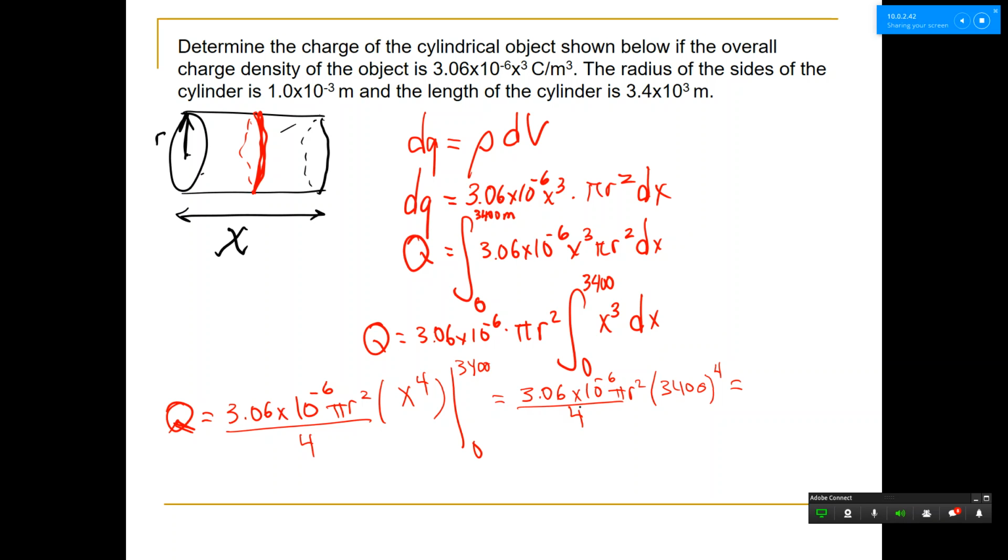It should be something like 3,000, I think. Is that what you got? 3,000. 3021. What units? Coulomb, very good.